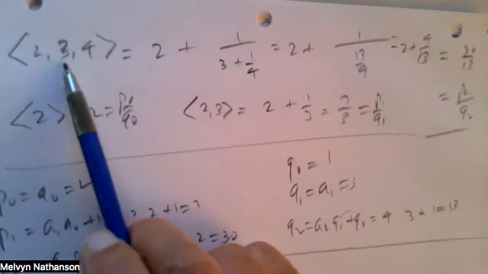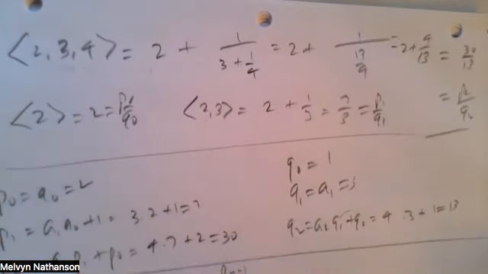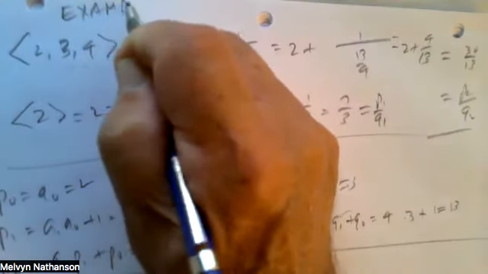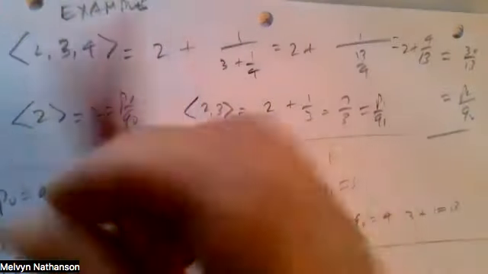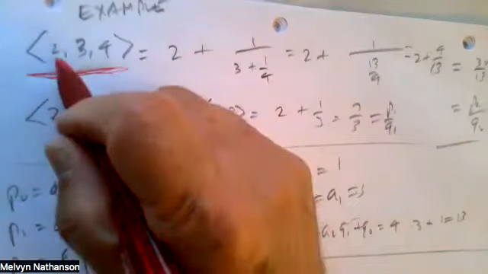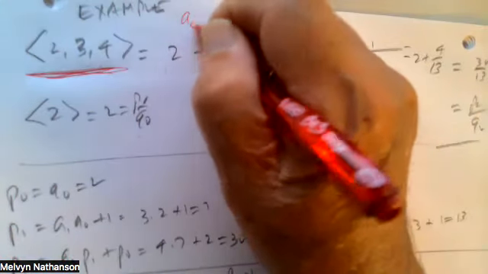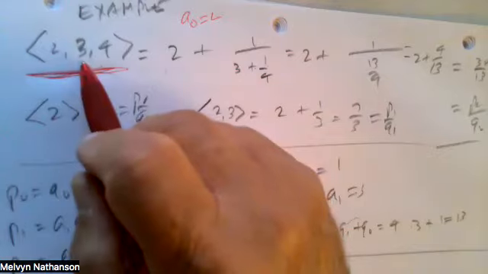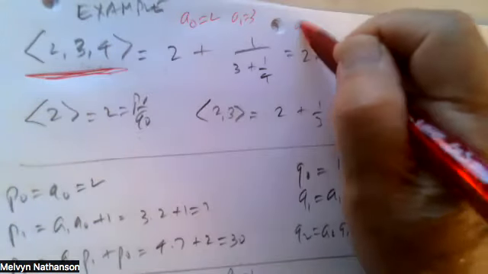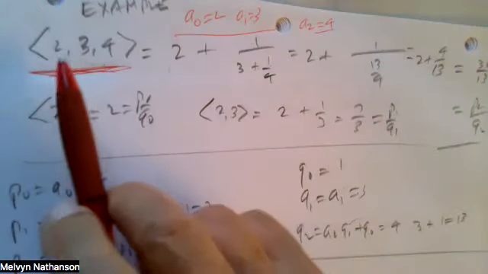These numbers here? Yeah. So here I have my continued fraction, 2, 3, 4. This is an example. In this continued fraction, the first number, A0, is 2. The second number, A1, you see is 3. The third number, A2, is equal to 4. Those are the numbers. This is our notation.